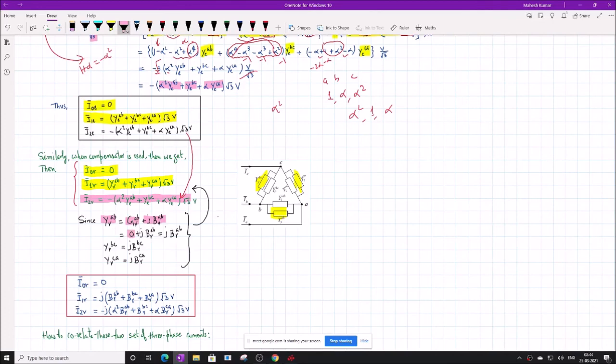There is no resistance, otherwise it will cause losses. It will manipulate the active power, while our intention is to manipulate the reactive power only, not the active power. So therefore, the real part of each compensator susceptance is equal to 0.